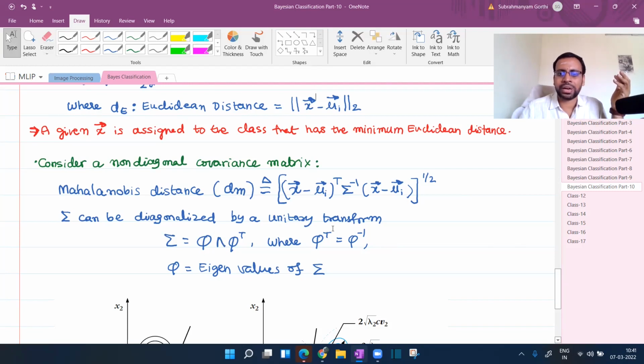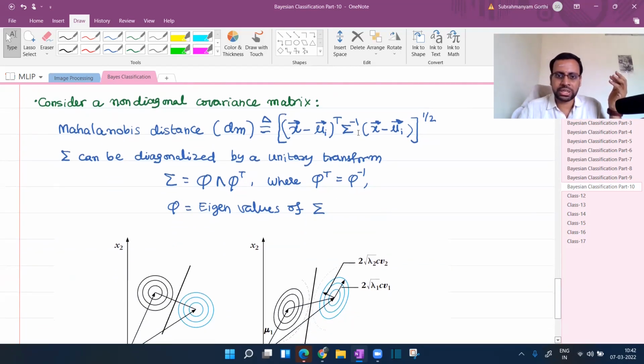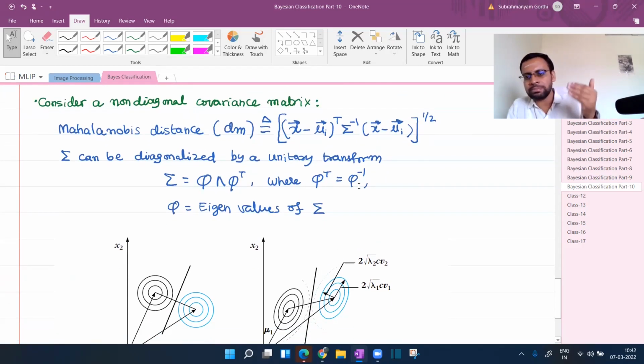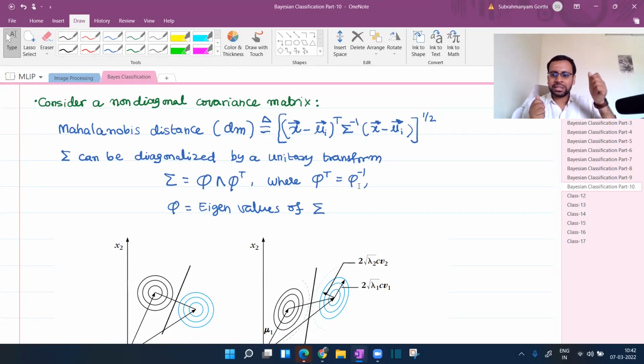So in this form you could write, and then if you substitute it here, you would realize that, I'm skipping the math. You could go through it. It is there in the textbook. But you would realize that this is a transformation applied on mu1 and mu2, and the line will be perpendicular to the transformed mu1 bar minus mu2 bar.